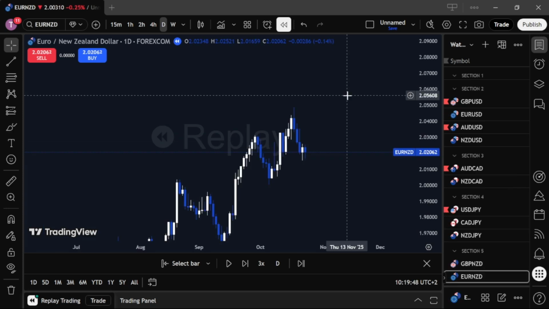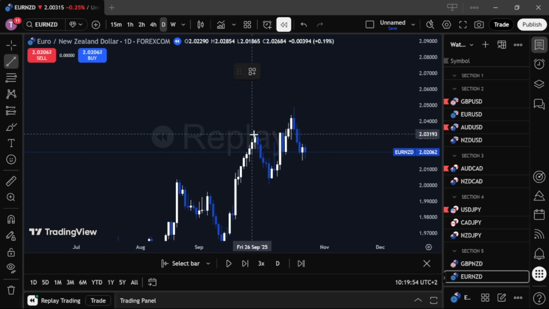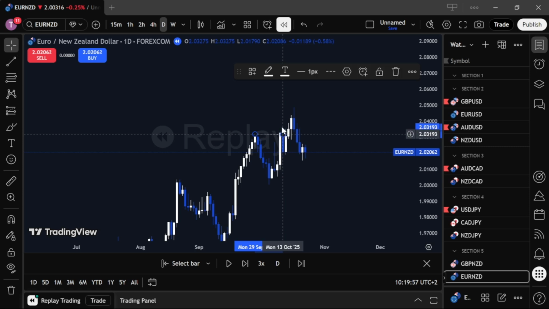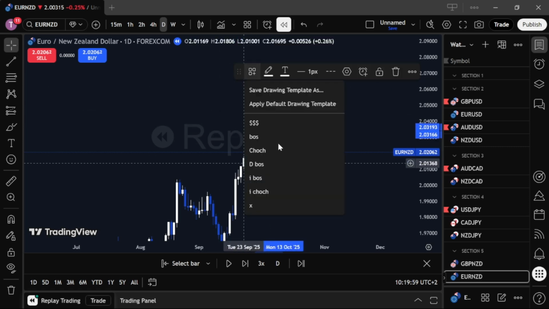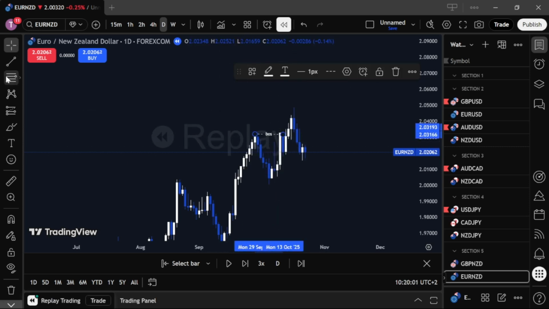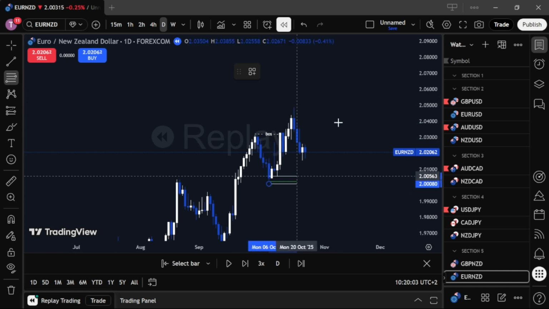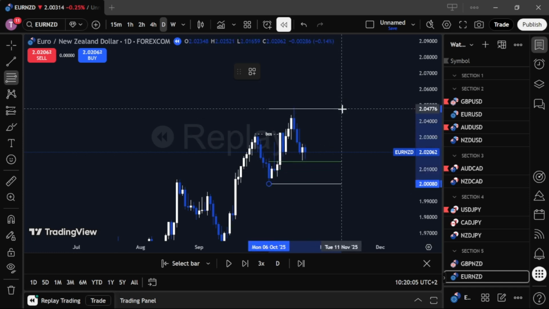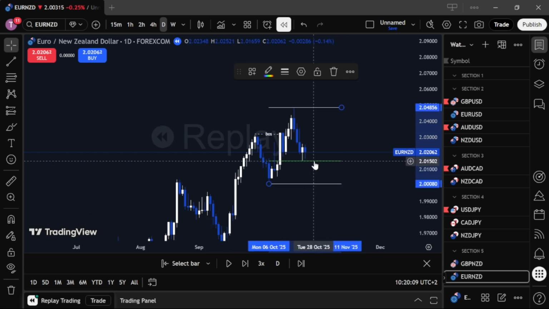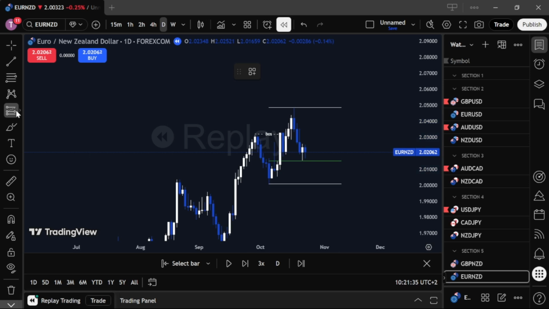Okay, so another trade that I took, it was a buy on the Euro NZD, and this is how the setup was looking. Here was my break of structure, and when I used the fibs, my entry was right here. So let me show you how it played out.